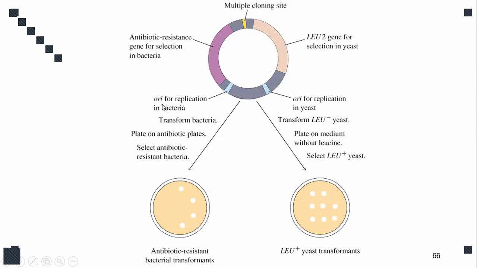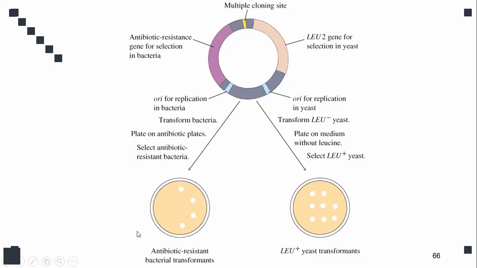In your shuttle vector, you have origin of replication for bacteria. You also have origin of replication for yeast. These are very important ideas because the prokaryotic system will not be able to deal with the eukaryotic origin of replication. And since you are going to be moving them from one place to the other, your multiple cloning site is up there, your resistance gene is here, and then, using 2 genes for selection, the yeast marker is also provided.